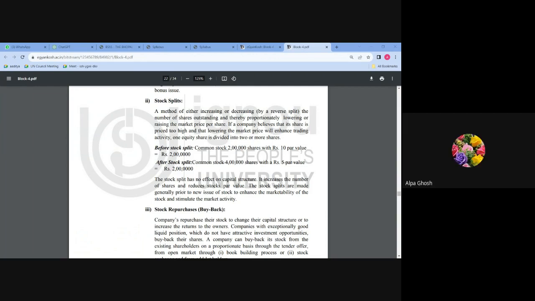Yes? You understood what I am saying? If you have 100 shares of rupees 10 each, then 100 into 10, it is 1,000. Or 1,000 shares of rupees 10 each, then 1,000 into 10, it is rupees 10,000. Now you want to increase the number of shares. So instead of rupees 10, the face value of the shares will be rupees 5.